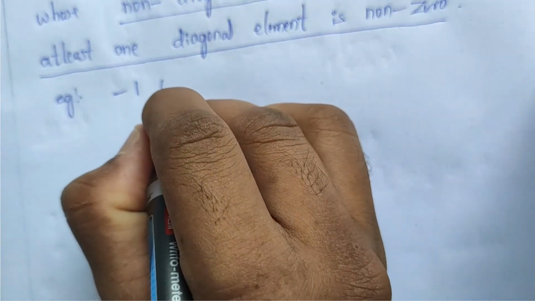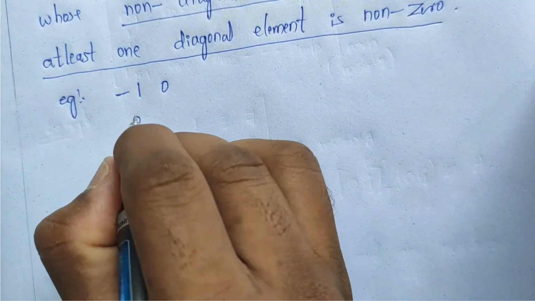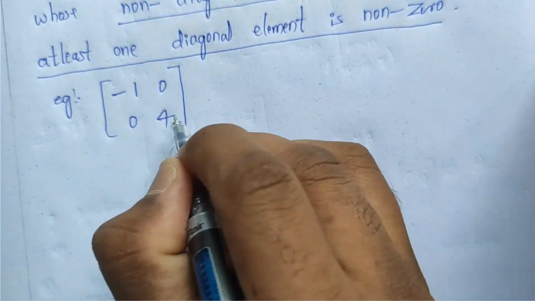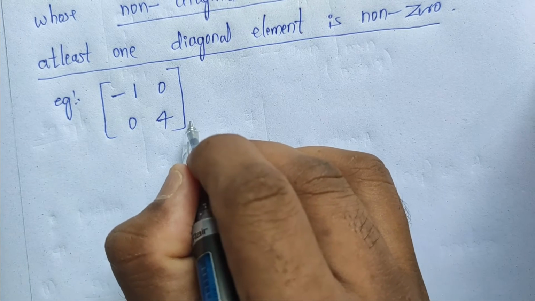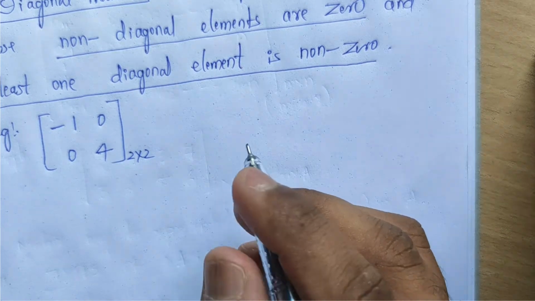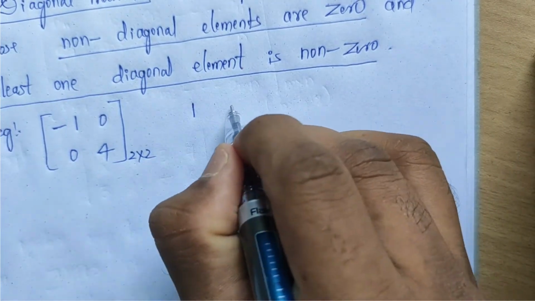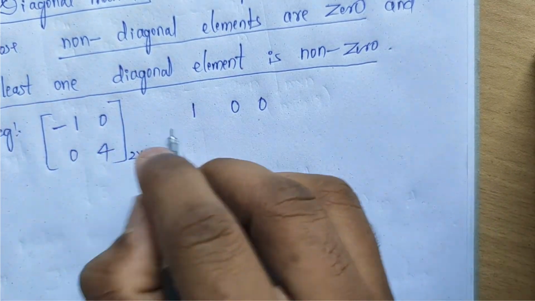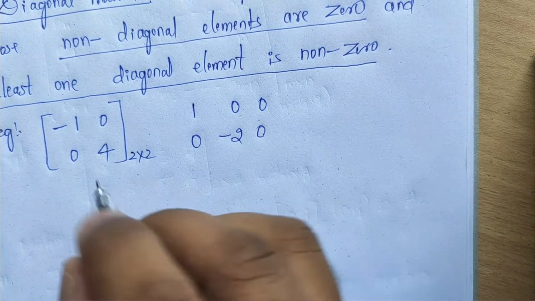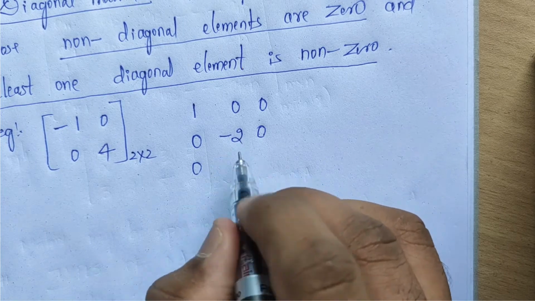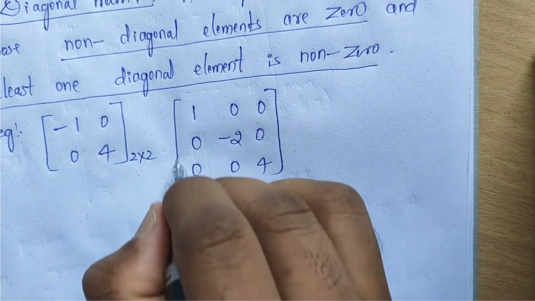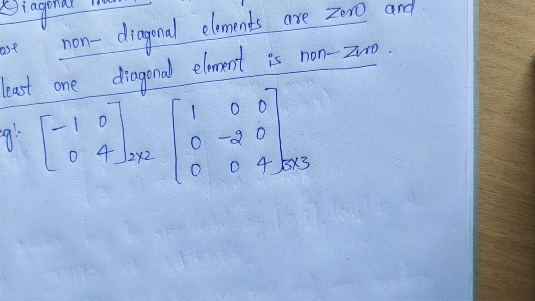Example: minus 1, 0, 0, 4. It is a 2 cross 2 matrix. The 3 cross 3 matrix 1 0 0, 0 minus 2 0, 0 0 4.